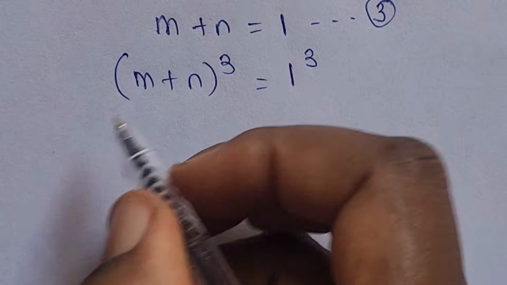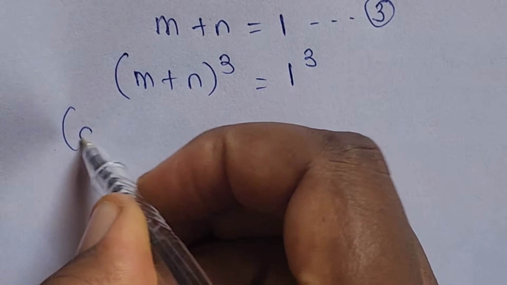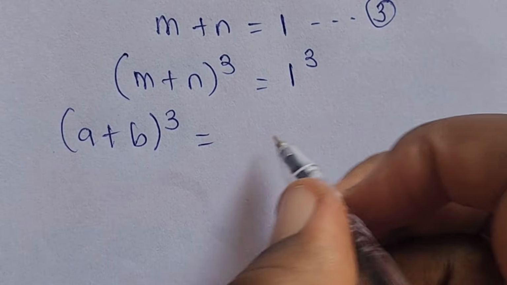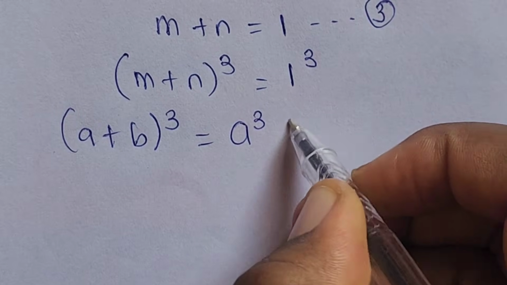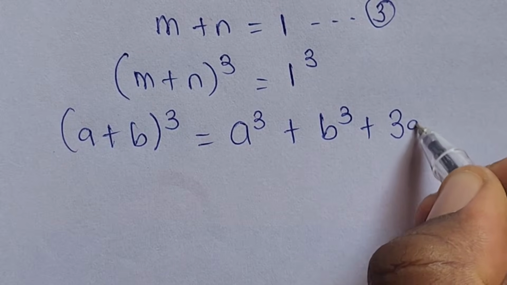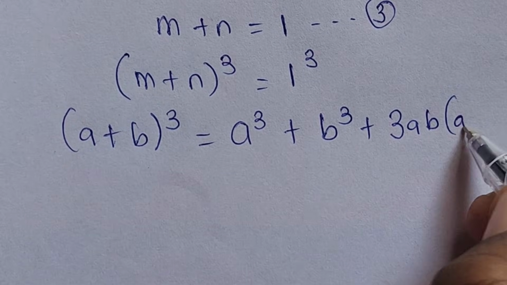But let's record the cubic expansion of (a plus b) to the power of 3, which is equal to a to the power of 3 plus b to the power of 3 plus 3ab times (a plus b).